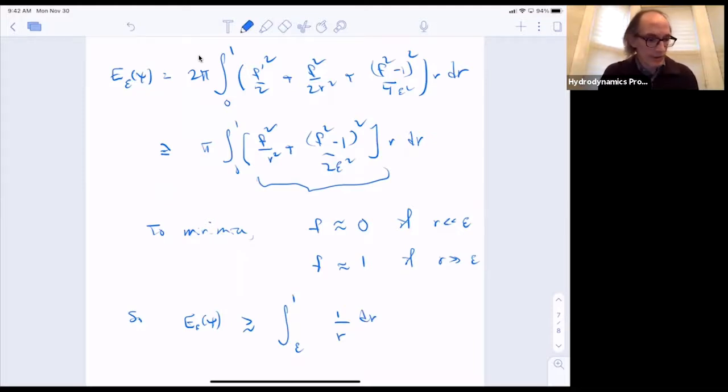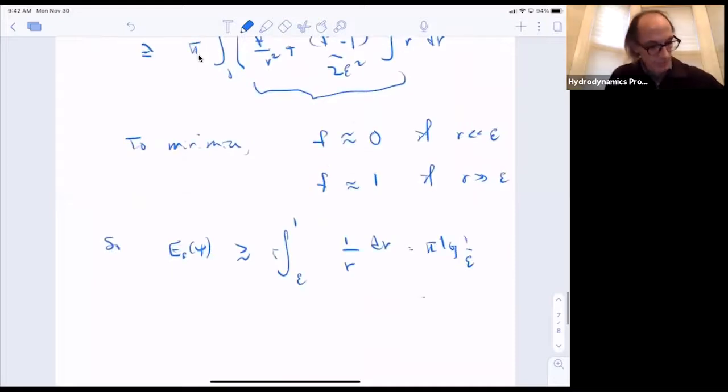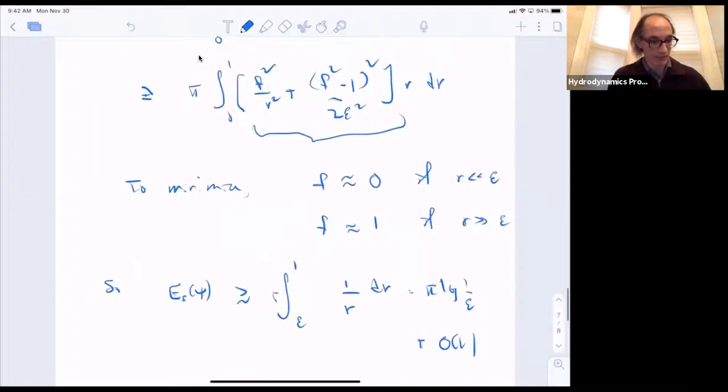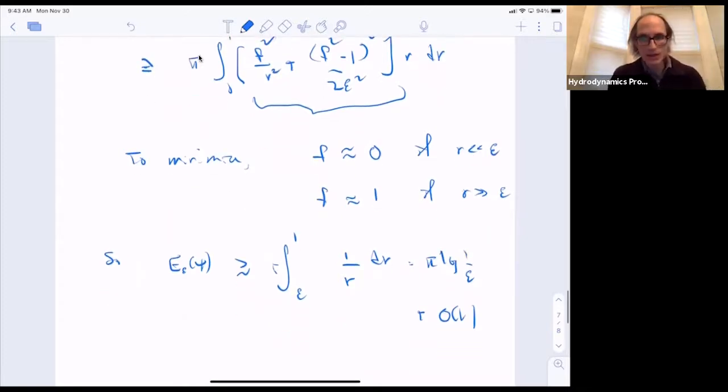Setting f equal to 1, for example, for r greater than epsilon, I'll just get this, which is, and there's a pi, log 1 over epsilon, plus O of 1. So the contribution from 0 to epsilon should be order 1. I would have something of order 1 over epsilon squared integrated. That'll give an integral of order 1 from the other term. And so this crude computation explains why we see these factors of pi log 1 over epsilon everywhere in this theory.